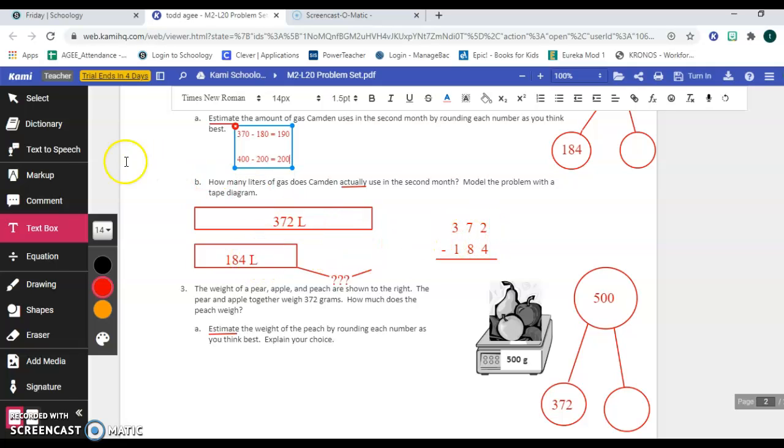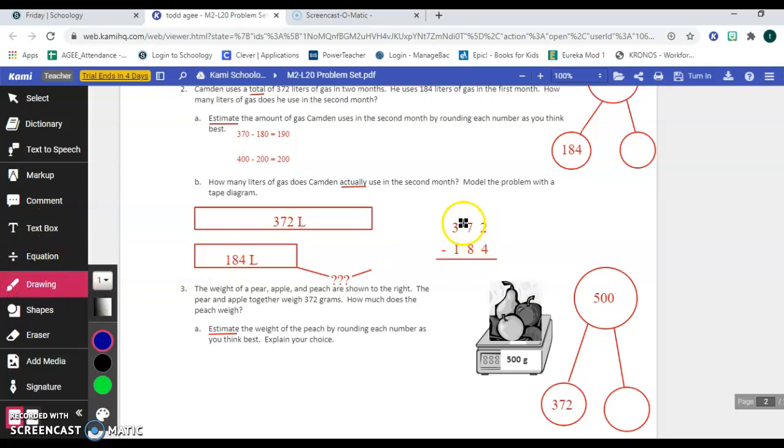372 minus 184. I've only got a minute left here, so I'm going to have to buzz through this. 2 minus 4, I'm going to struggle with that because this algorithm's not built for it, so this ends up being a 12. Okay, so, oh man, that's an ugly 2. 12 minus 4 is 8, which is really hard to draw on this.